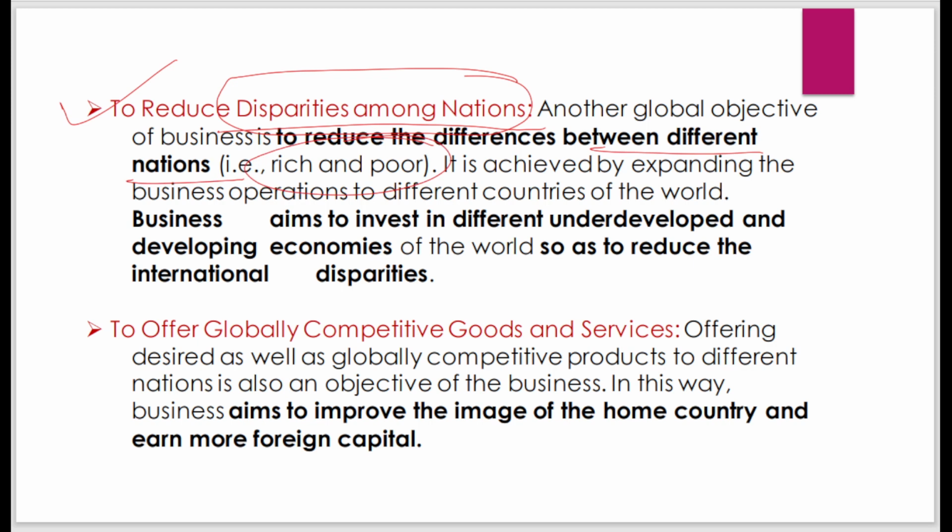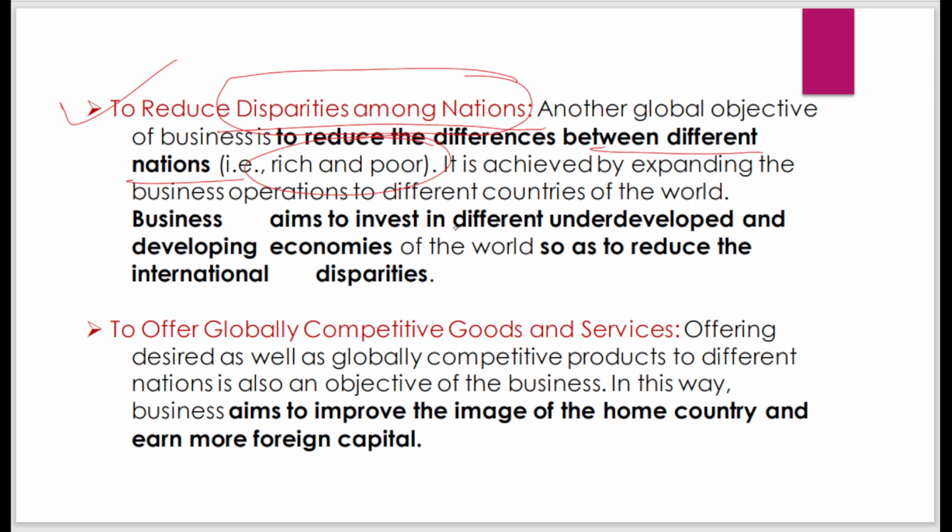For example, if you see European countries, they are very rich and their standard of life is also high. If you see South Asian countries or African countries, they are poor. So business objectives should be to reduce these disparities.